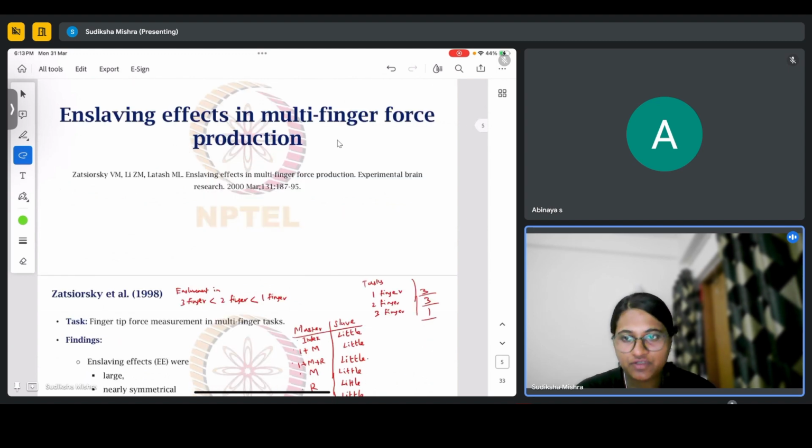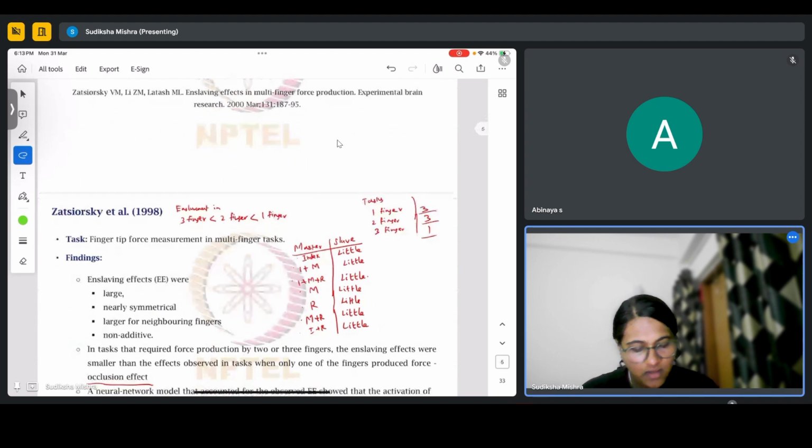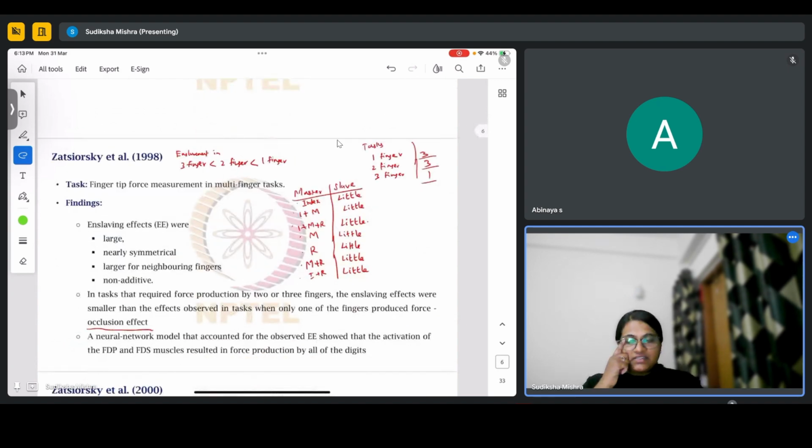Now, coming to the first paper, the task is to find the fingertip force measurement in the multi-finger tasks.